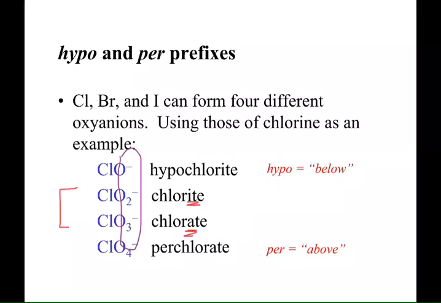So ClO3 -1 is chlorate. ClO2 -1 is chlorite. If you have a little bit less oxygen than chlorite, you add a prefix, so hypochlorite. If you have a little bit more oxygen than -ate, you add the prefix per-, so perchlorate. And all of the halogens fall into line like that.